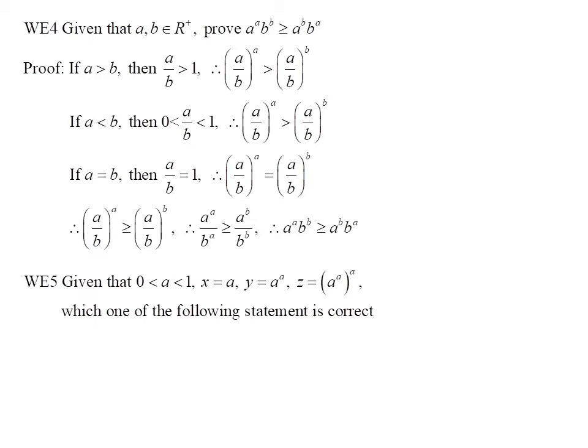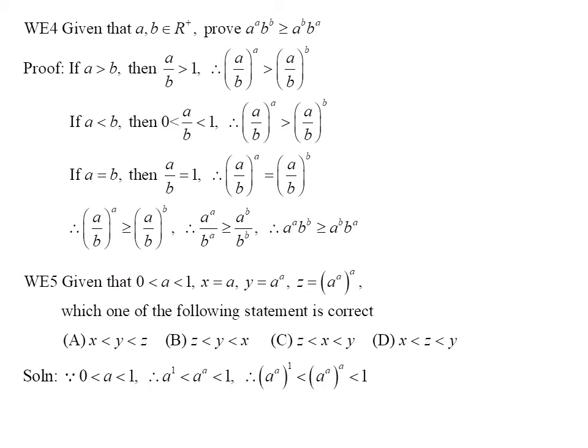Example 5 is a multiple choice question. Given that a is between 0 and 1, x equals a, y equals a to the a, and z equals a to the a to the a. The question is to make a comparison among x, y, and z.